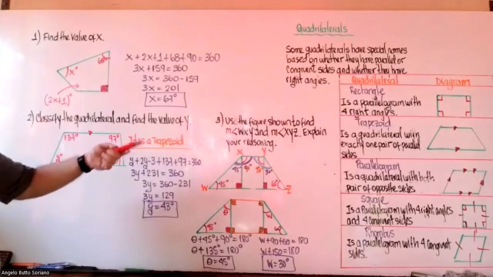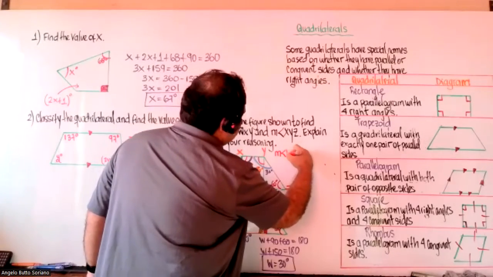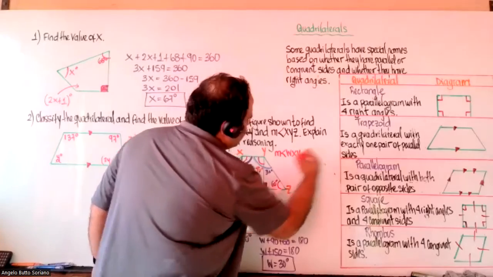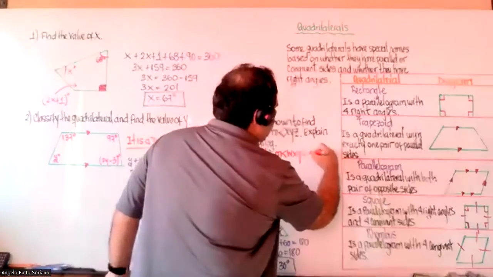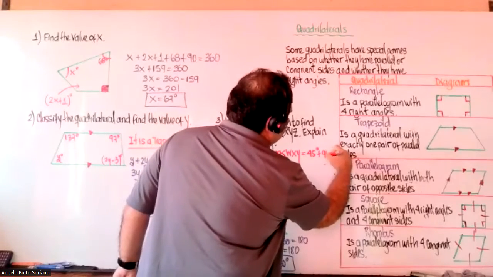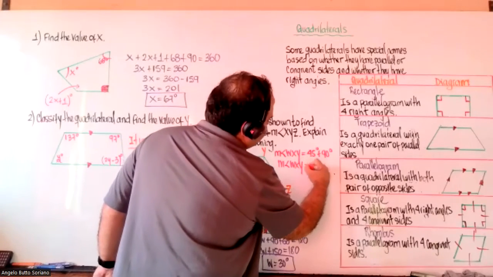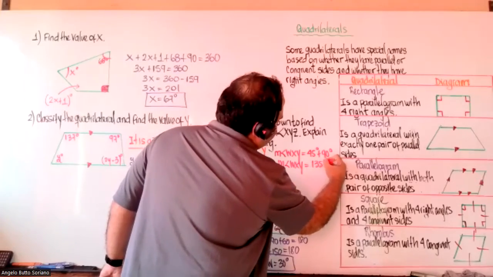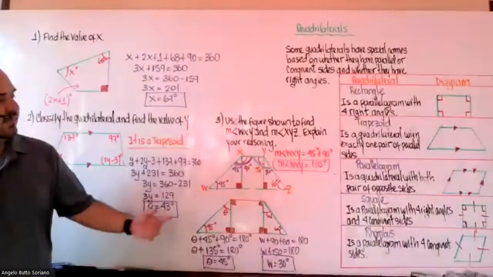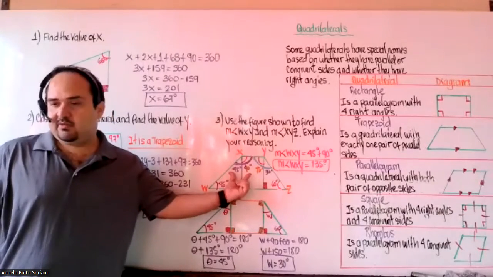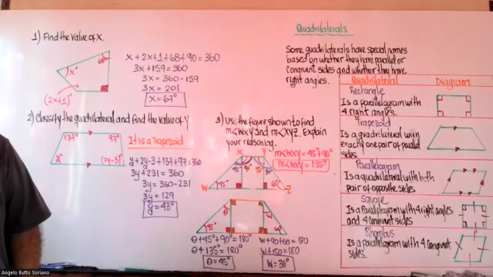To find the measure of the angle WXY, we're going to add 45 degrees plus 90 degrees. For that reason, the measure of the angle WXY will be 135 degrees in the first place, because we must add these couple angles. Understood this part? Understood?